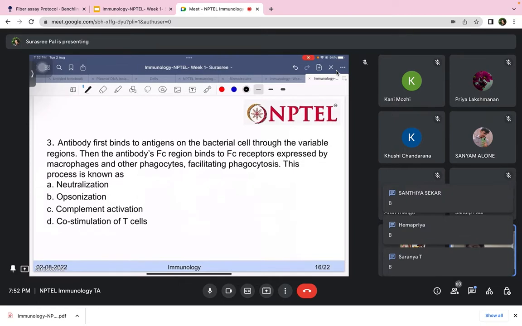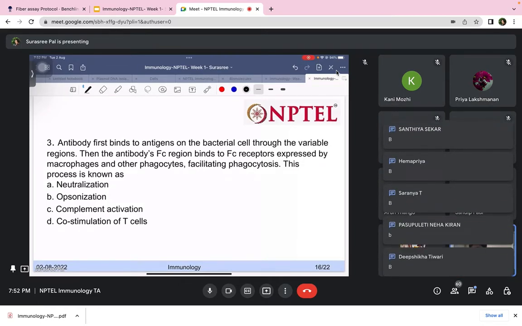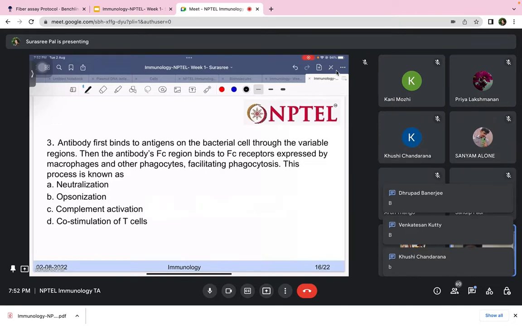This process is known as neutralization, opsonization, complement activation, or co-stimulation. So you know the answer, right? It is opsonization, right? Very good, all of you are giving the correct answer. So this process is actually opsonization. So B is the solution, right?